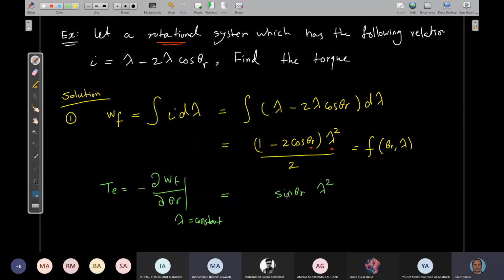Plus. Now you know that partial cosine theta r by partial theta r is equal to minus sine theta r. So the minus will cancel this minus, and I still have the minus here. Good.